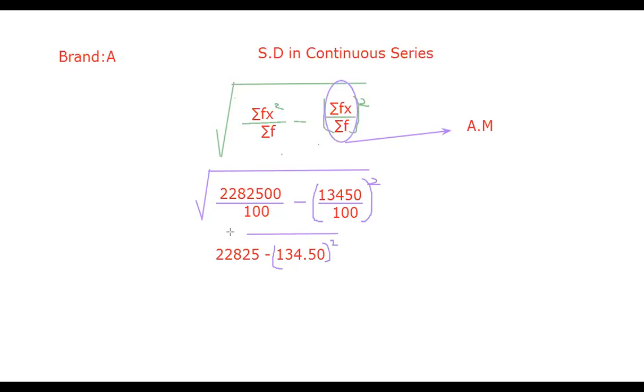So 22,825 minus 134.5 square, that is 134.5 into 134.5, which is 18,090.25. Same square root.